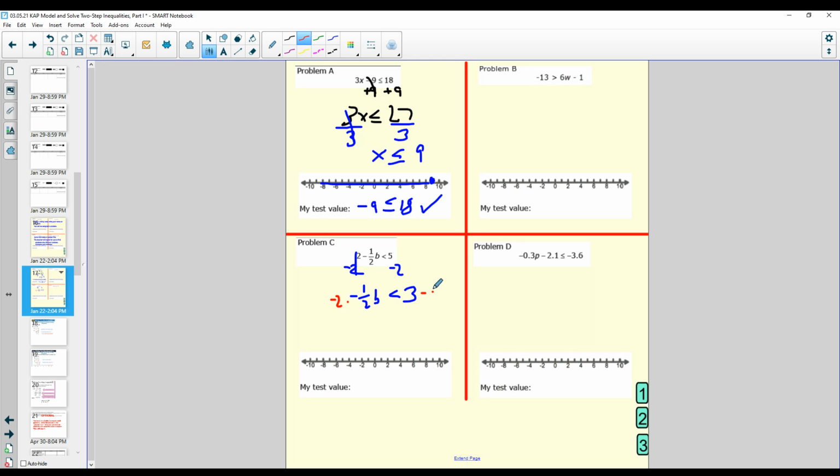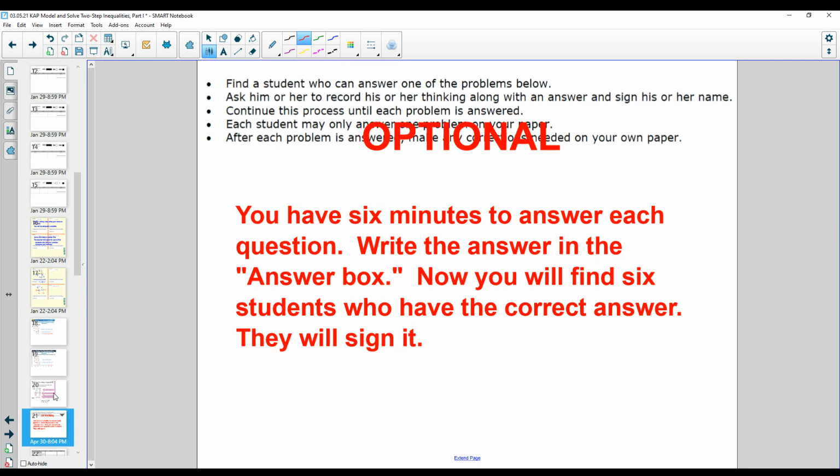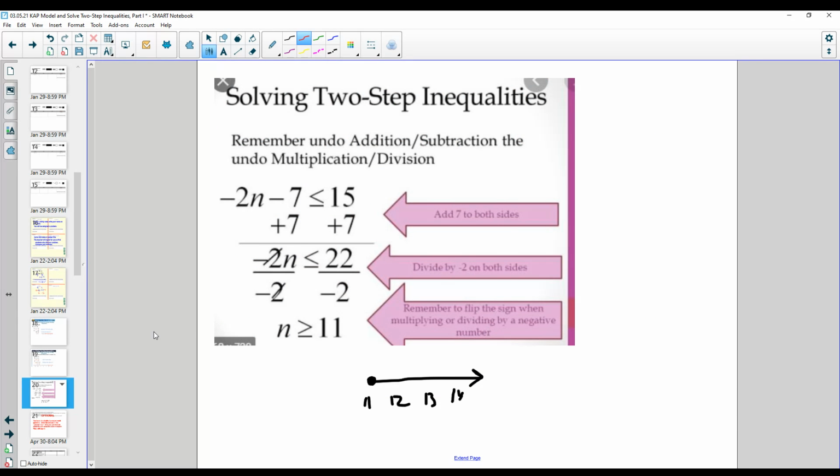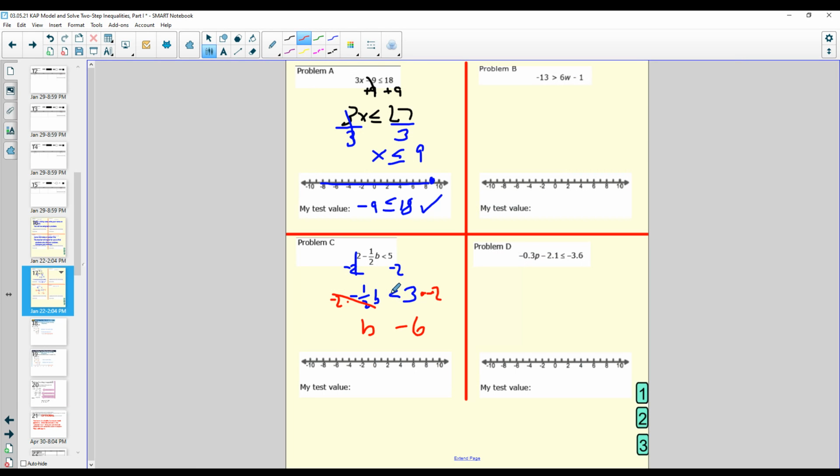This is a negative 2. Cancel. So b is 3 times negative 2, which is negative 6. But if I multiply or divide by a negative, I have to flip the sign. So I flip it from a less than to a greater than. So b is greater than negative 6, so open dot, highlight all the numbers that are greater.